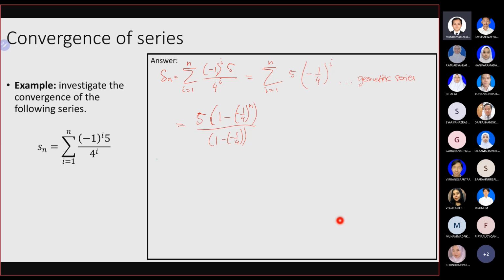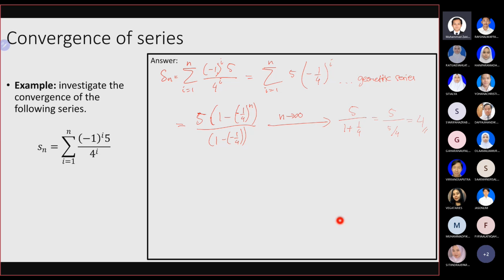Then as N goes to infinity, we have that Sn goes to 5 over 1 plus 1 over 4, which is equal to 5 over 5 over 4, which is equal to 4.